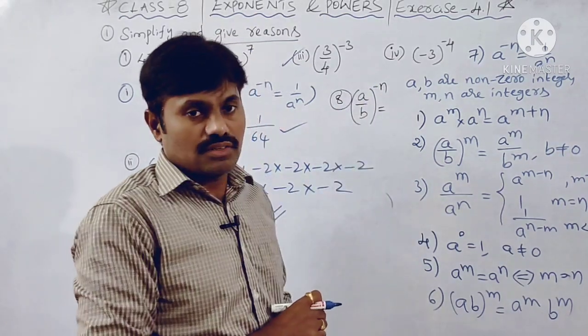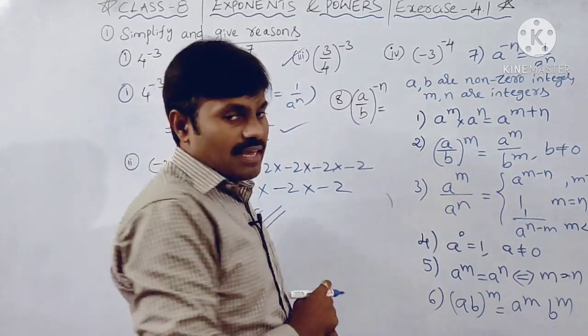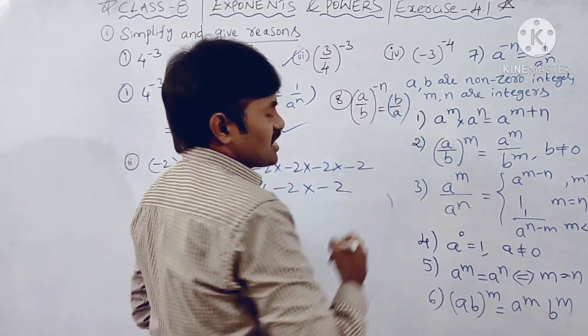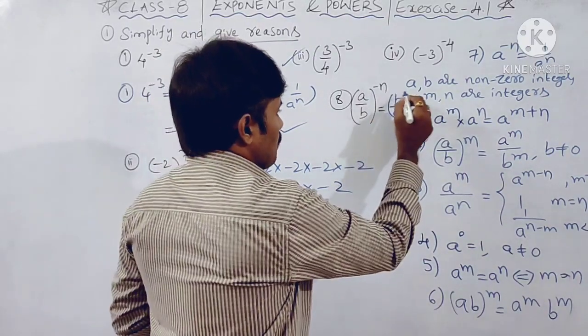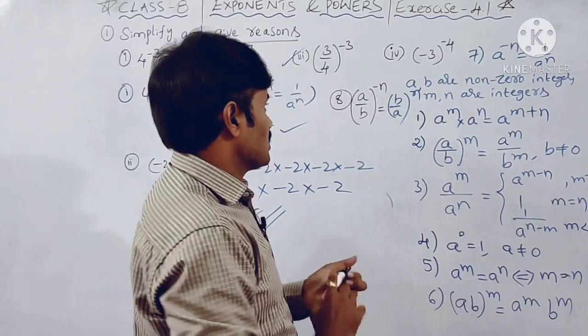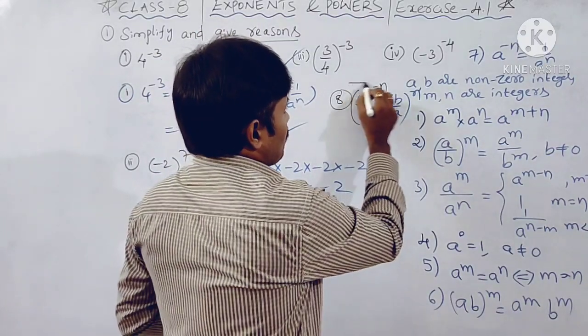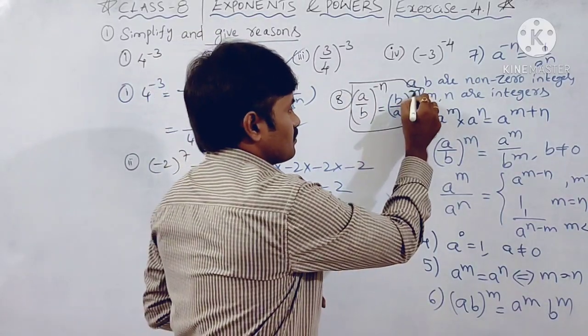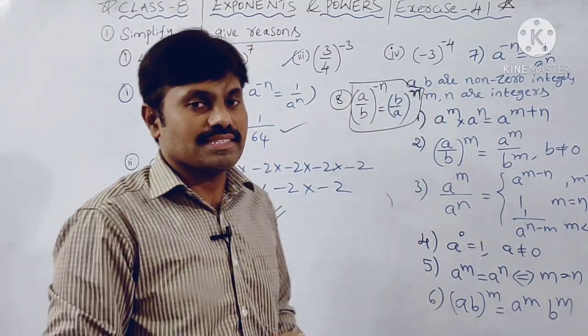Here the base is a by b, so we should write the reciprocal of a by b. Then minus n becomes plus n. So this is the formula: a by b whole to the power of minus n can be written as b by a whole to the power of plus n.